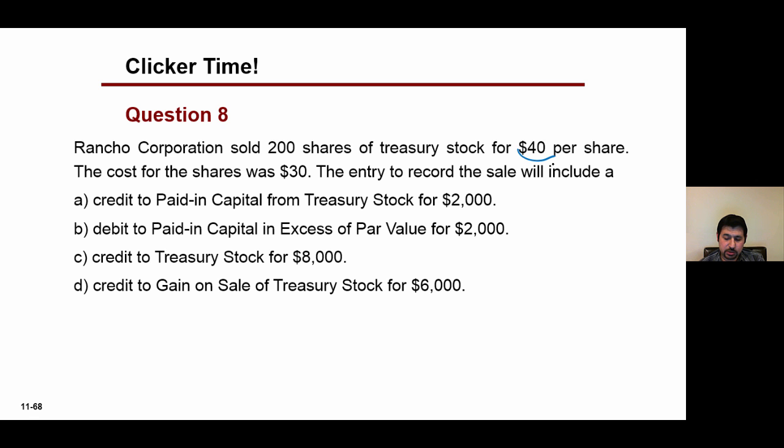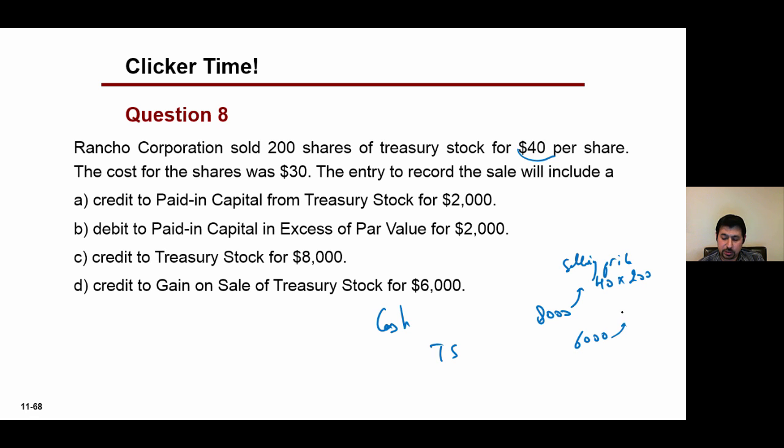So the company sold treasury stocks for $40 per share. So the company will debit cash 40 multiplied by 200, that would be $8,000. This is according to the selling price. The company will credit treasury stocks 200 multiplied by 30, which is $6,000.